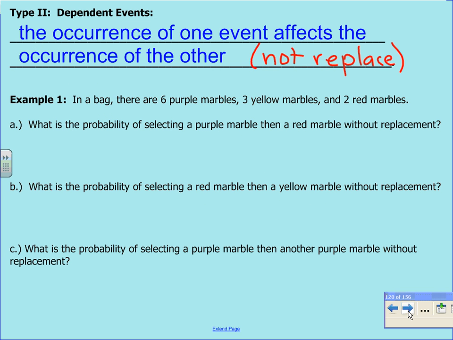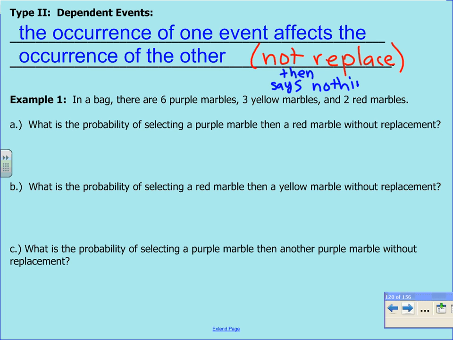Dependent events. The occurrence of one event or the result of one event affects the result of another. Keyword is not replace. Keyword is then. Or the keyword is that it says nothing.